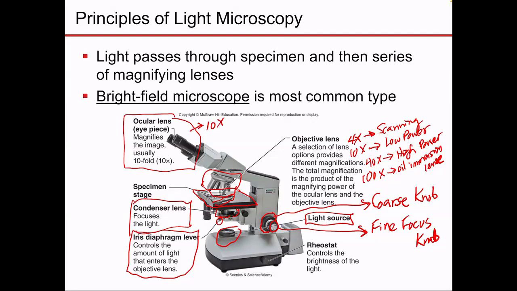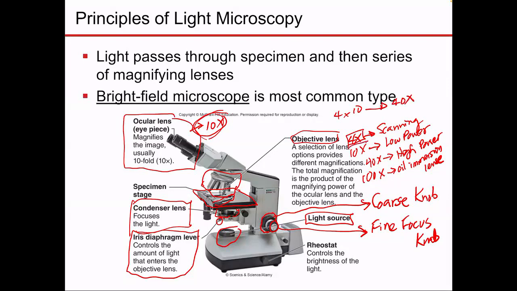So when we calculate the total magnification that you can achieve with this microscope, what you do is simply you multiply the magnification of the ocular lens by the magnification of the particular objective lens that you're using. Let's say if you're using the 4x scanning objective lens, then 4x multiplied by 10, the magnification of the ocular lens, that gives you a total magnification of 40x.